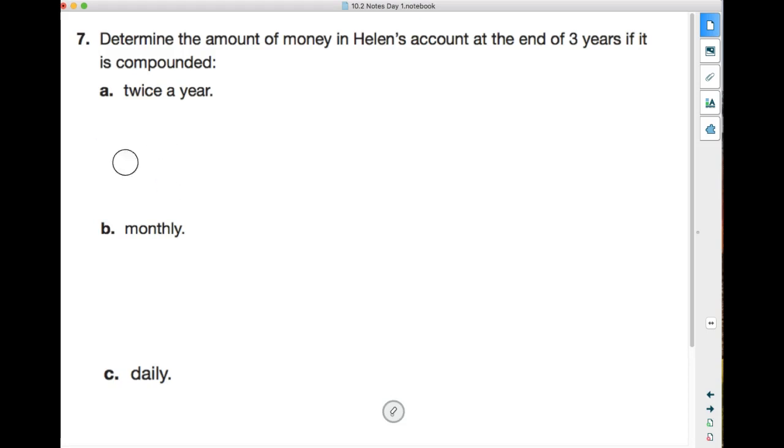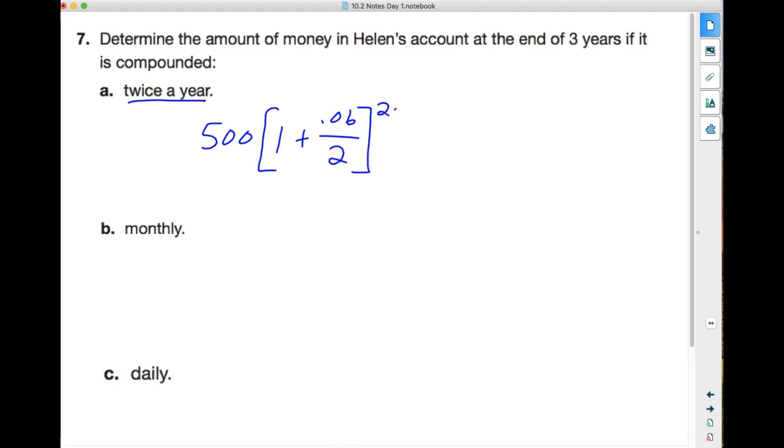I'm just going to write this in here now. She put $500 in, 1 plus 0.06. If it's getting paid twice a year, N is 2, times the N times T, where T is 3 years, so that would be a 3.